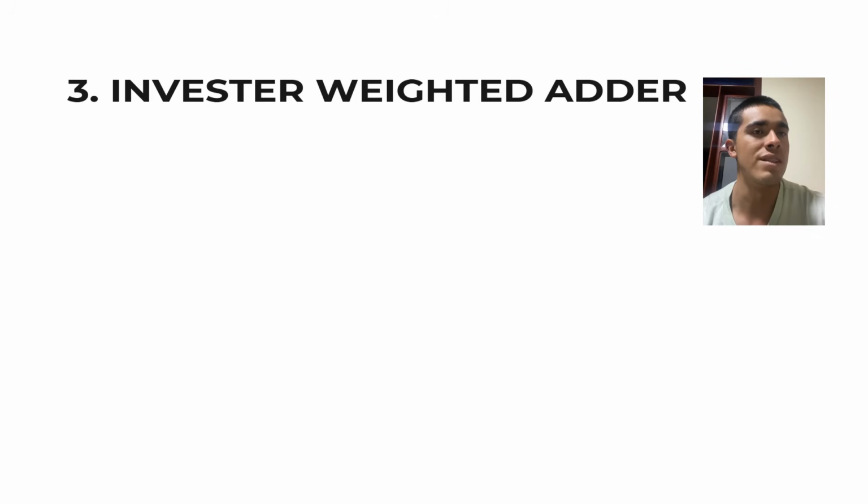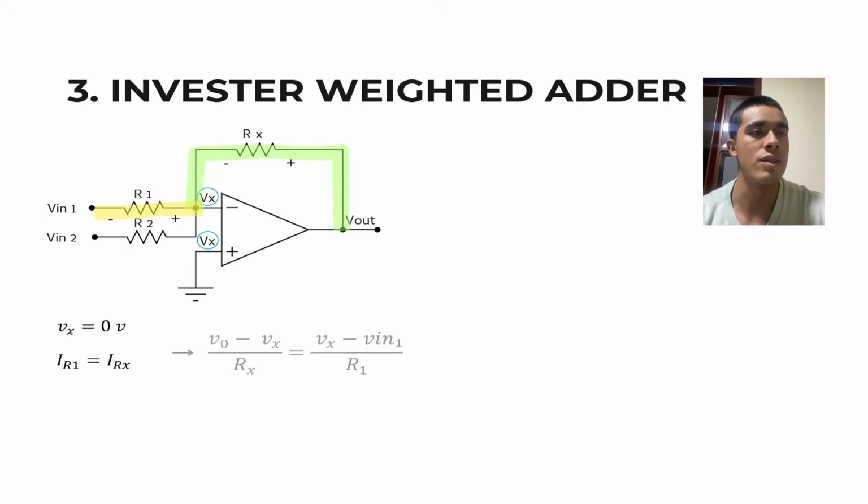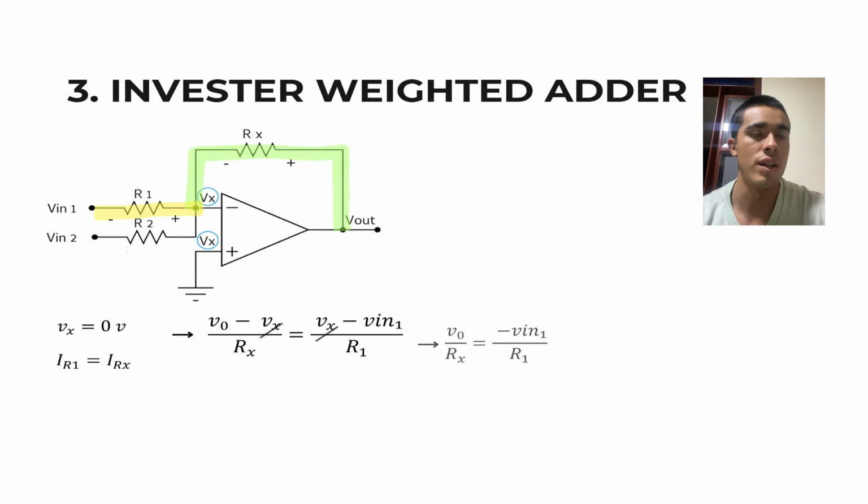The third configuration is the inverting weighted adder. This consists of a resistor between the inverting terminal and the output, and any inputs with n resistors. Since it is an inverting configuration, the non-inverting terminal is connected to ground. Due to the virtual short circuit, the nodes at the inverting and non-inverting inputs are equal and correspond to 0 volts. The current through resistor 1 is equal to the current through resistor X, given this equation.